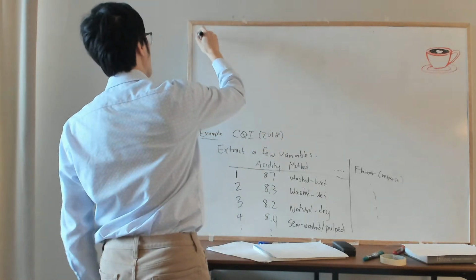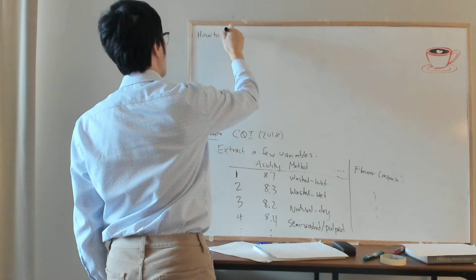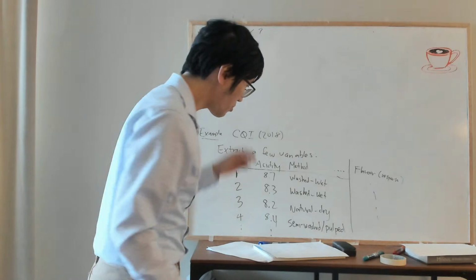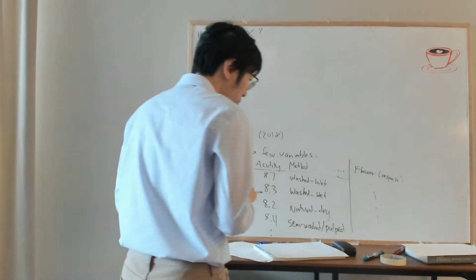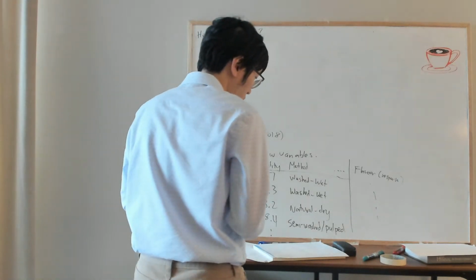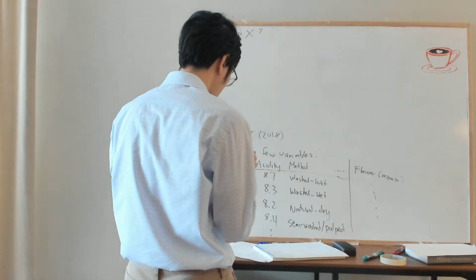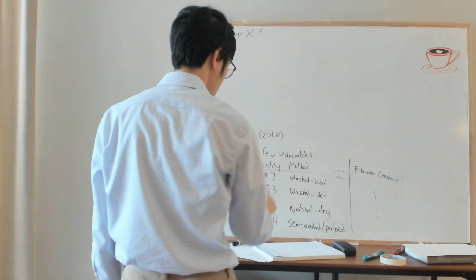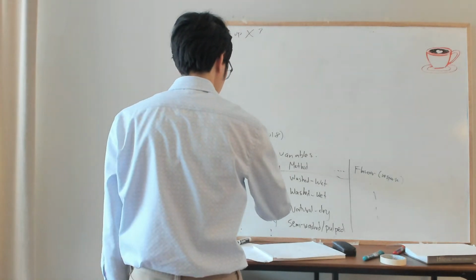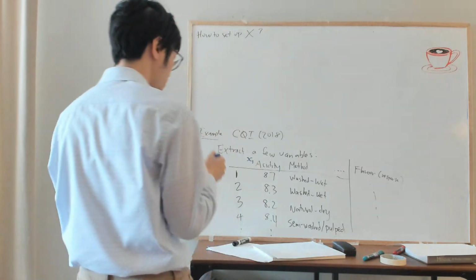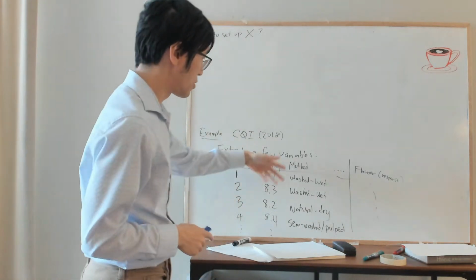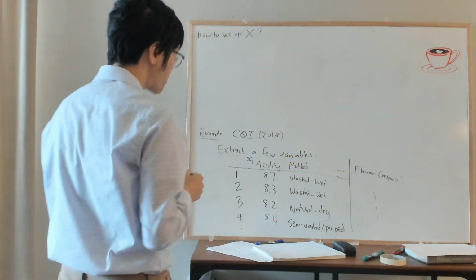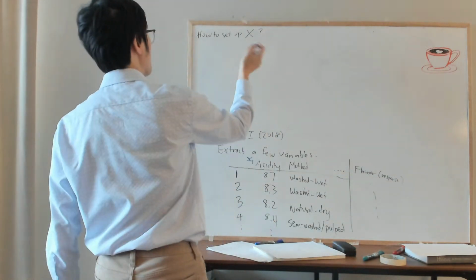So, how to set up the matrix X. Let's call this first variable acidity, so it's continuous. We'll call this one x1 for acidity, and then we're going to have to define some variables to capture the methods.